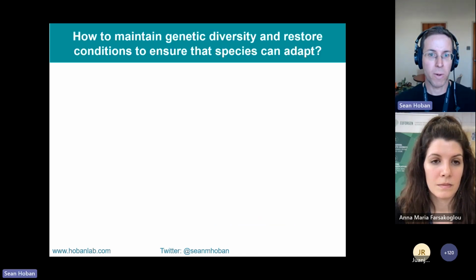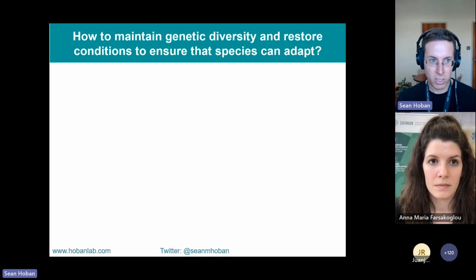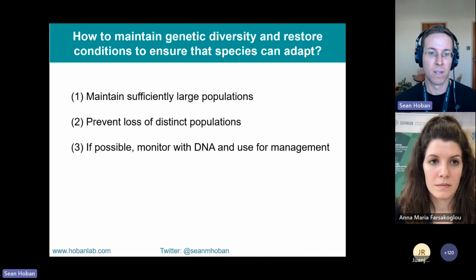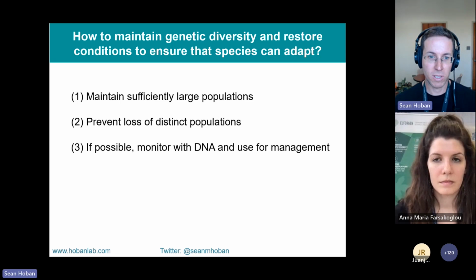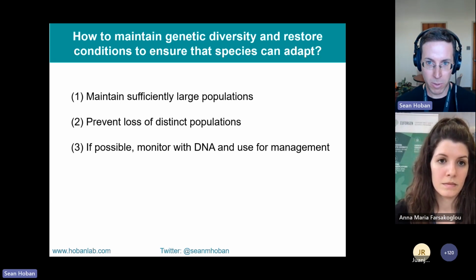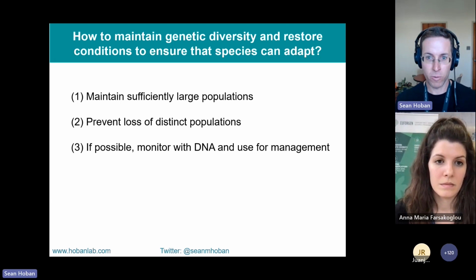If we wanted to come up with genetic diversity indicators from scratch, what kinds of things might we focus on? My colleagues and I thought about this, and there are other answers to this question, but the answers we came up with were: we want to prevent the loss, we want to maintain sufficiently large populations for all of the reasons that Juan Jose mentioned: drift, inbreeding, and adaptation.